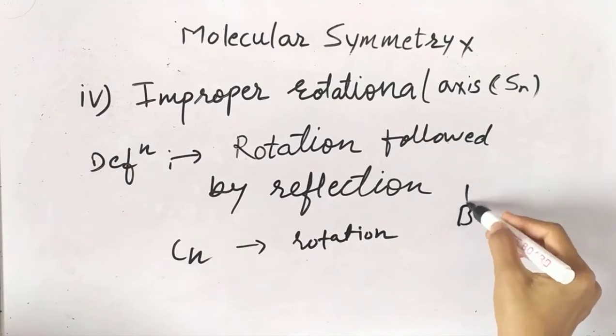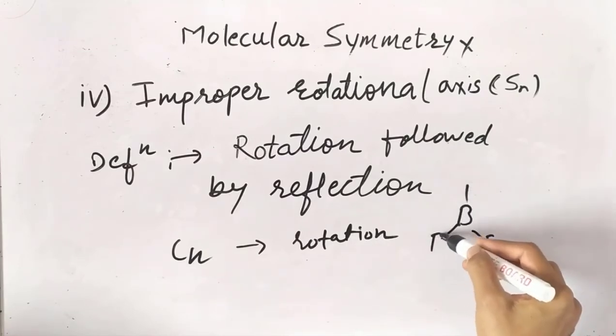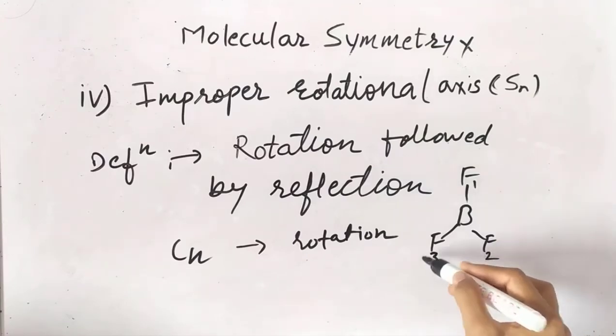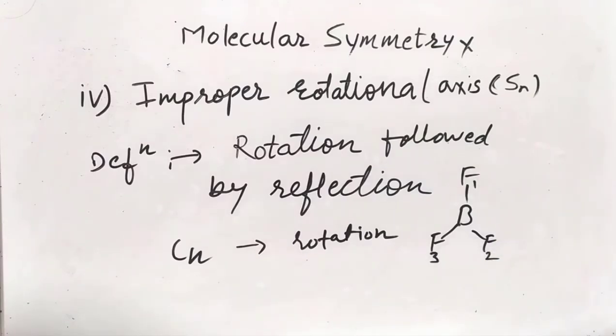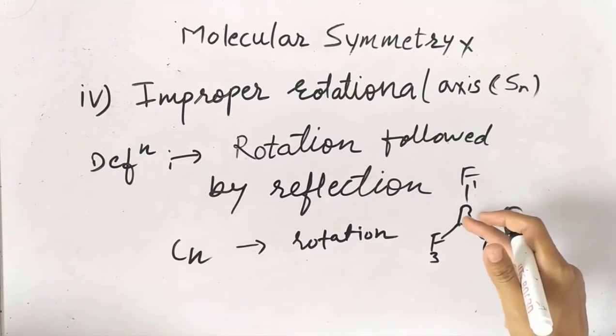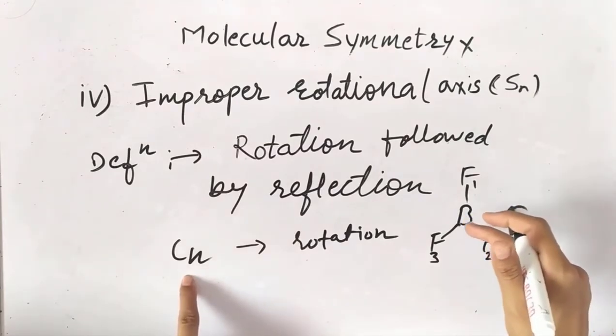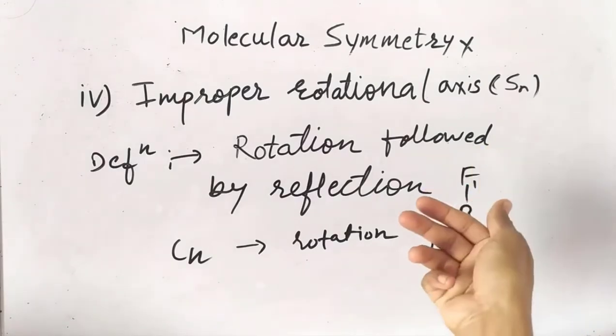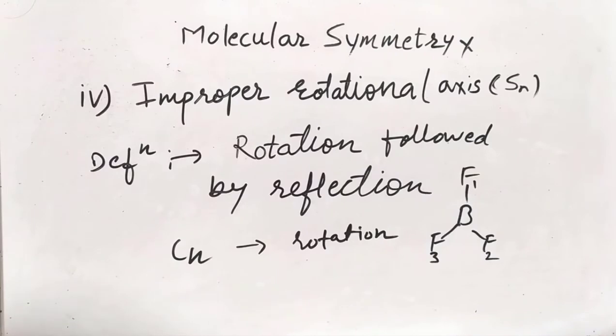Suppose we have a BF3 molecule, with F1, F2, F3. In order to get the same image, what were we doing to obtain Cn for BF3? We were passing one rotational axis and then rotating the molecule along that axis. Means what kind of operation were we doing in Cn?